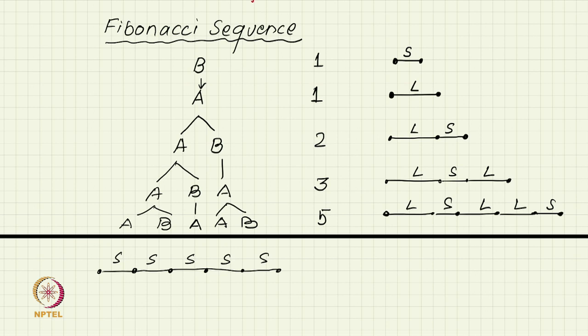If L and S are thrown in a Fibonacci sequence, then it is neither random nor periodic, and this is what gives you the so called quasi periodic order.